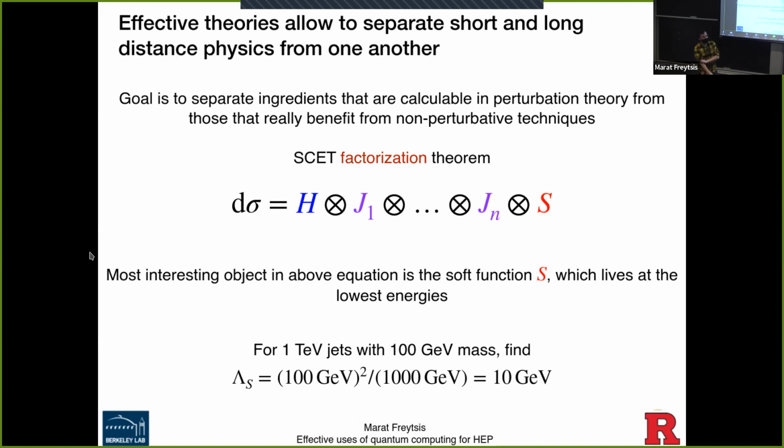And the part that is typically most challenging is to compute the soft contribution, which, as I said before, lives at parametrically lower scales than the entire process itself. So for example, if I have a 1 TeV jet, which has a 100 GeV mass, then the soft scale is only 10 GeV for that process. That is the scale at which I really need to start treating the soft radiation in a different way than I would in the perturbative process.